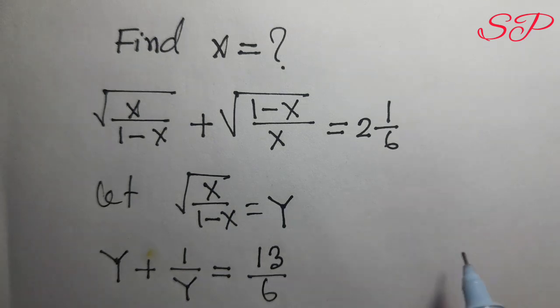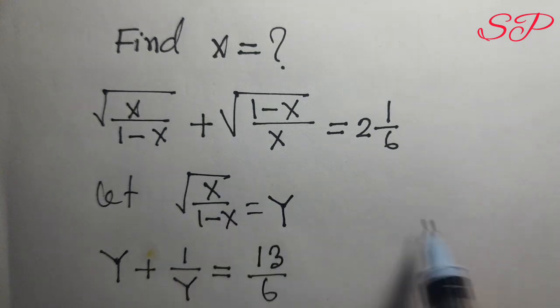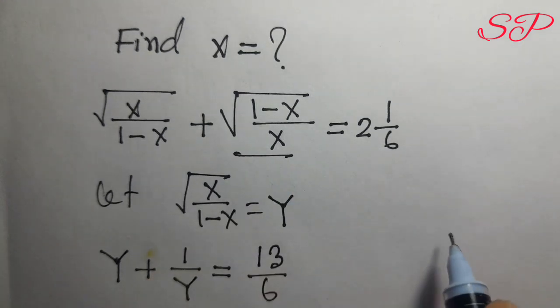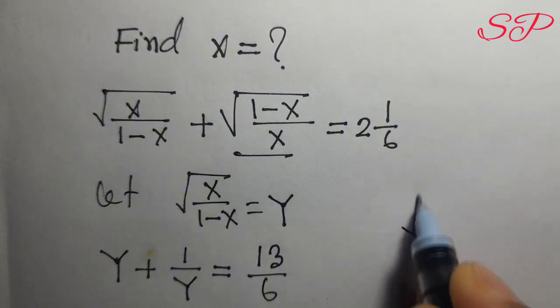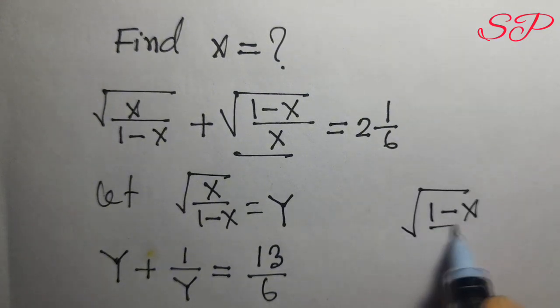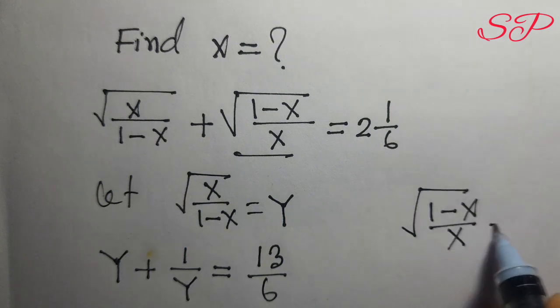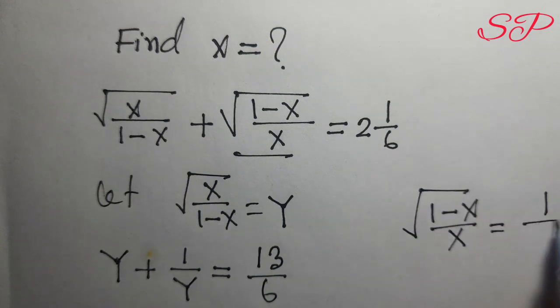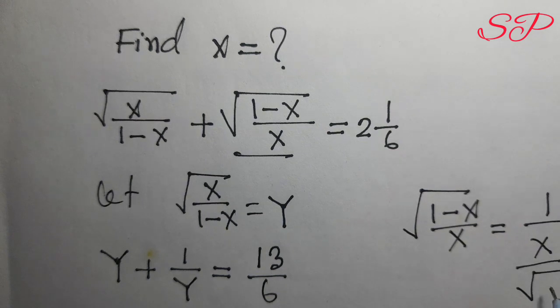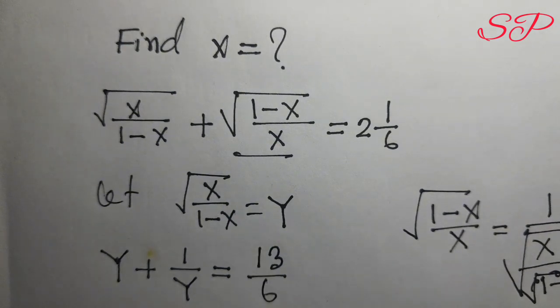Here, root over 1 minus x by x is equal to 1 by y. That's why we can write 1 by y.